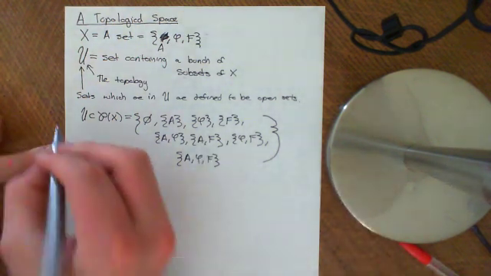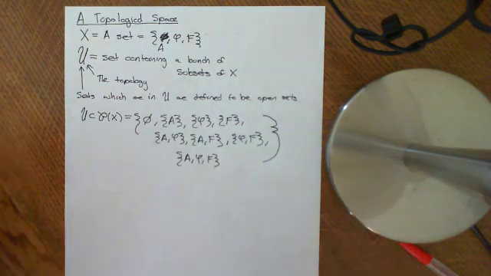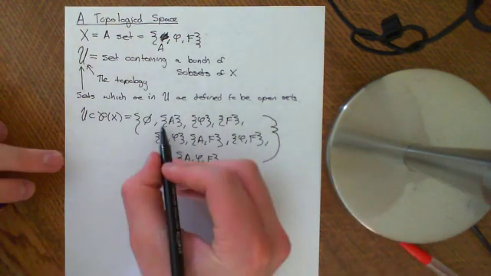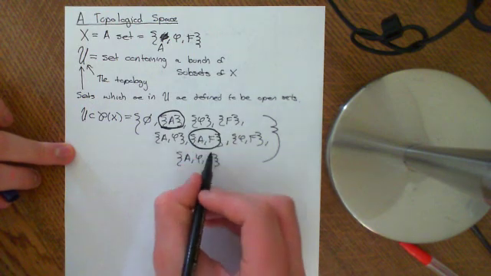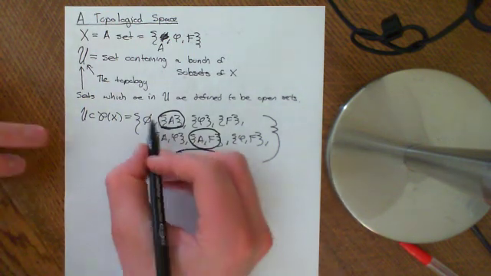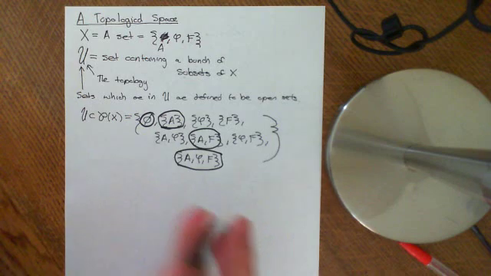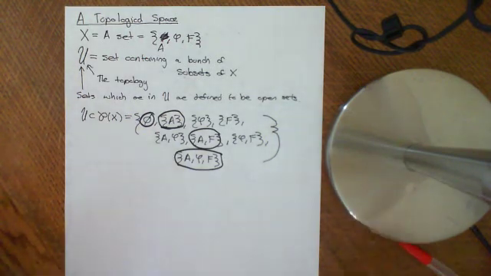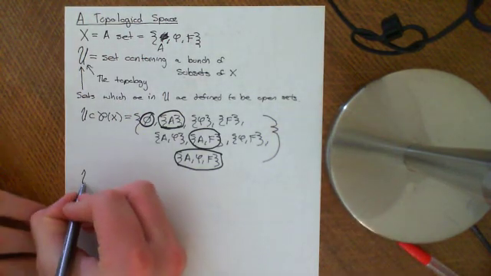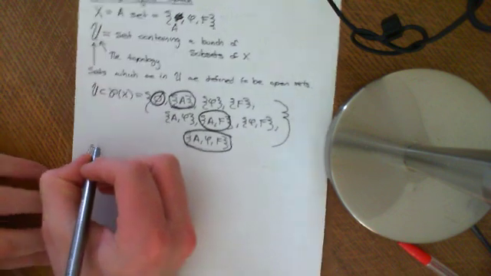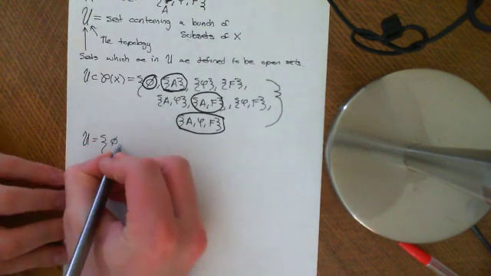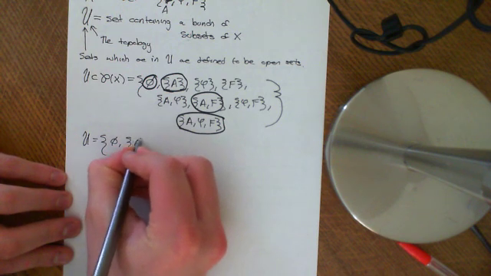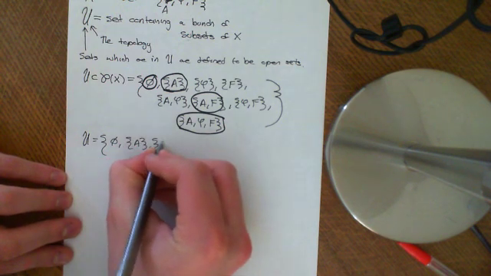So basically a topology U is going to be, you pick out a bunch of these. So you might pick out this one, you might pick out this one, or you might pick out this one and this one. So you're going to take out some subset of them and put them into a set by themselves. So U is going to be a subset of the power set of X. So we could say the set containing the empty set, the set containing A, and the set containing AF.